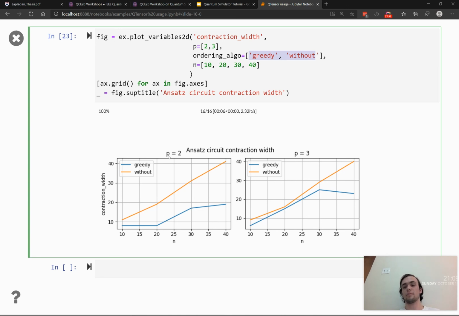The greedy algorithm is not doing very well for larger p's, and in fact, if you go to p equals 3, it will be worse than without optimizer. And without optimizer pretty much returns the same tree width as the number of your nodes.